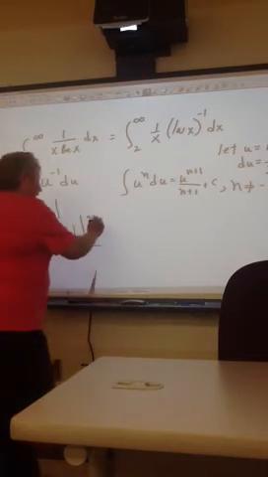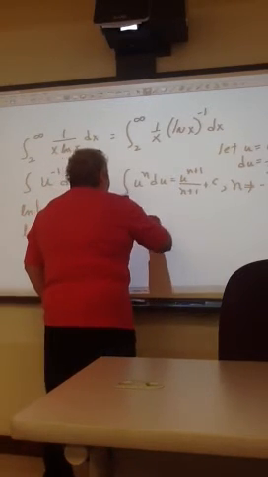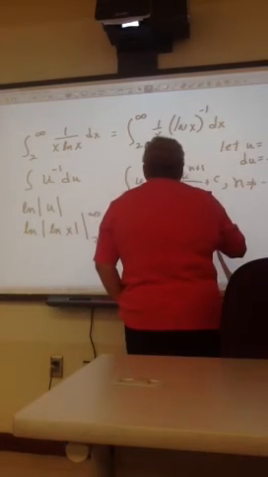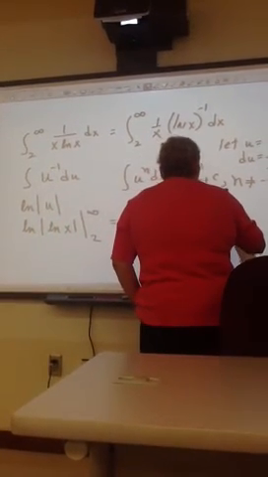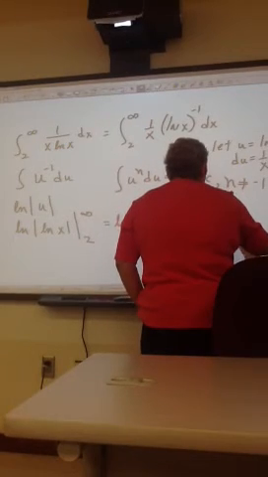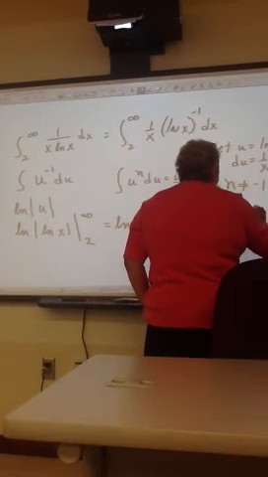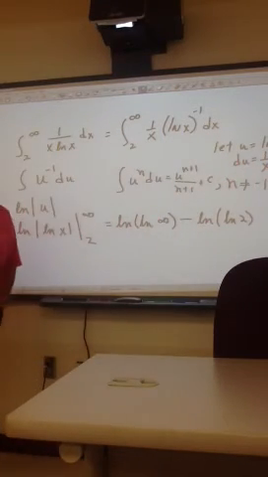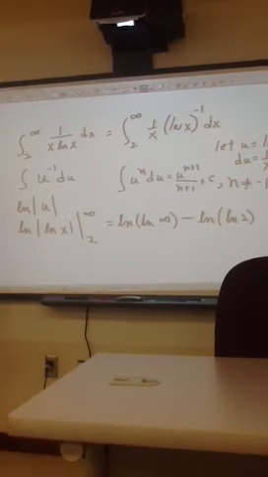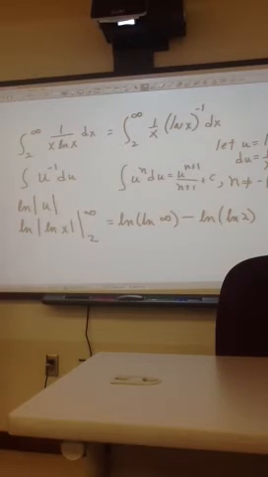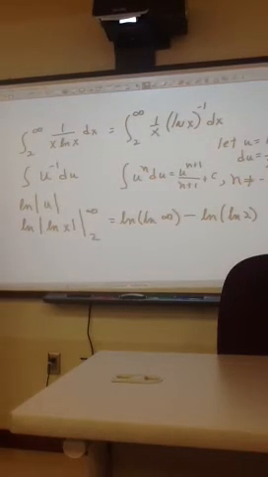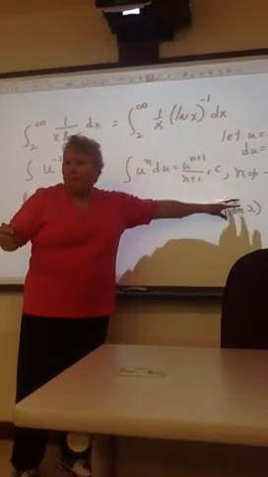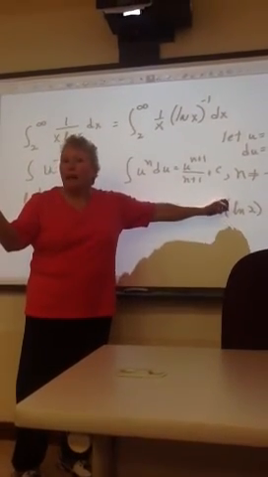So I've got the ln of infinity, if you pardon my use of that notation rather than the limit notation. But what do you know about the natural log of 2? It's some number. And when I take the natural log of that number, it's some other number. So this piece back here is some nice little finite amount.